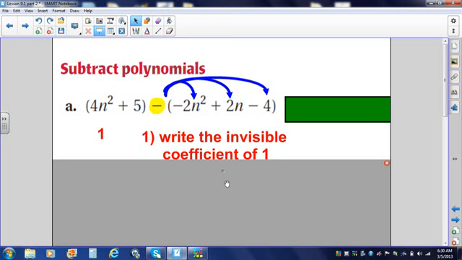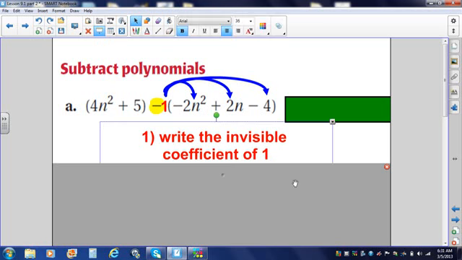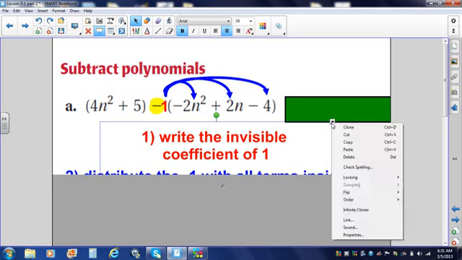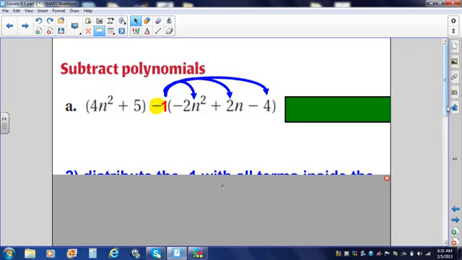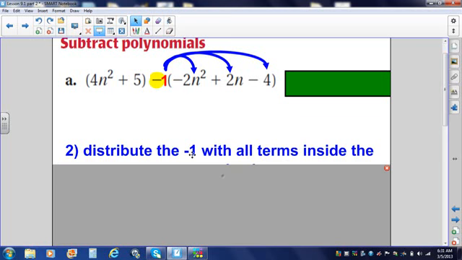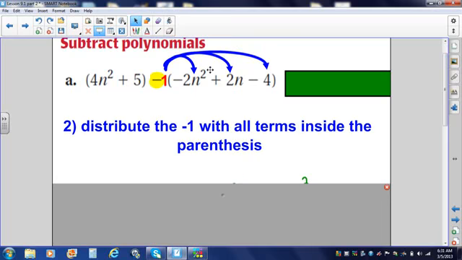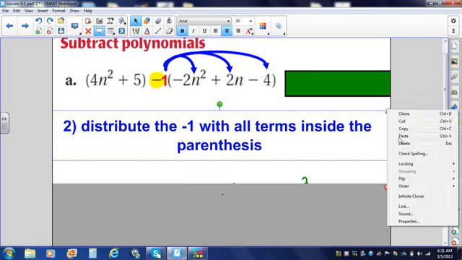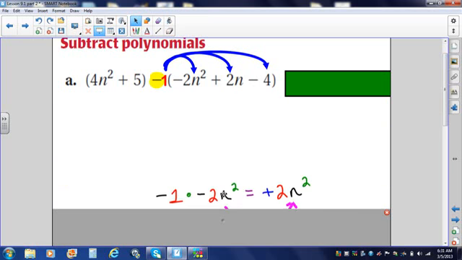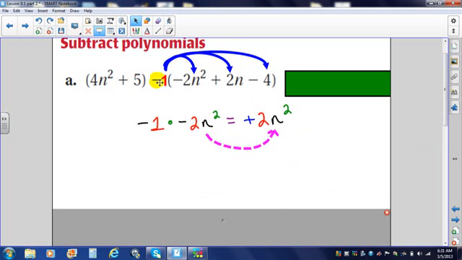First thing I'm going to do is write the invisible coefficient of 1 right here. So I have a -1. That's my invisible coefficient. The next thing I'm going to do is distribute the -1 with all the terms inside the parentheses. So first, I'm going to distribute -1 with -2n squared.